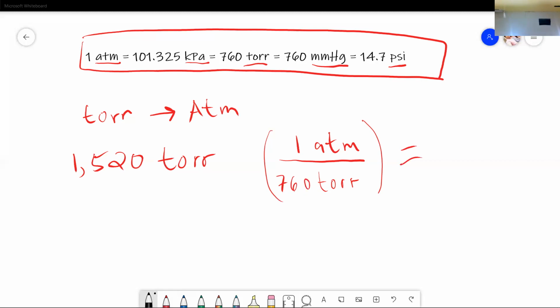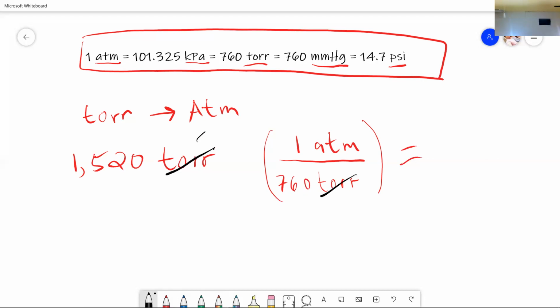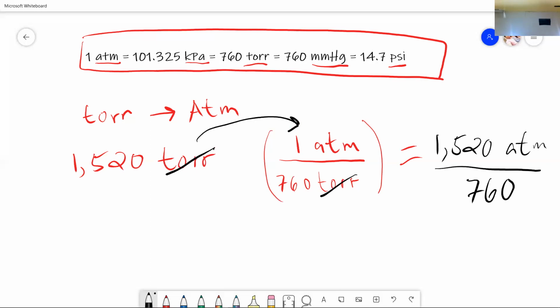So cancel out the unit. Cancel out torr, cancel out torr. Get the product. That is 1,520 ATM, divided by 760.